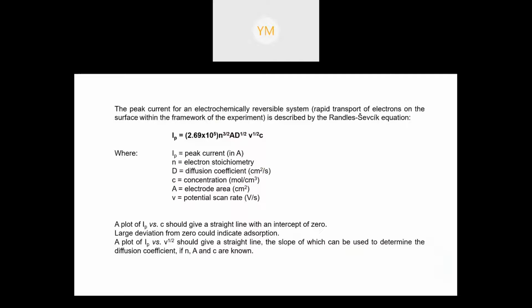Okay, there is one equation, we call it the Randles-Sevcik equation. In your lab assignment number 5, you should use this formula in order to determine C. The task is to find the concentration of the unknown. So for the peak current, you have several scan rates. You can produce several CVs like this.